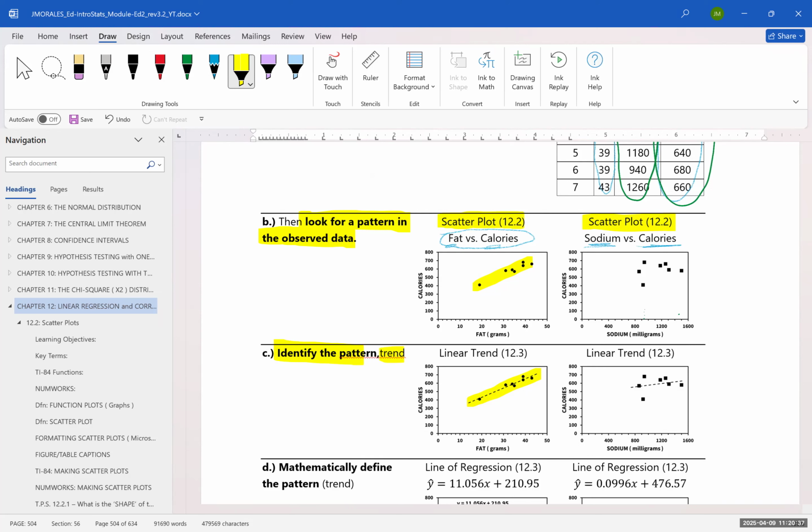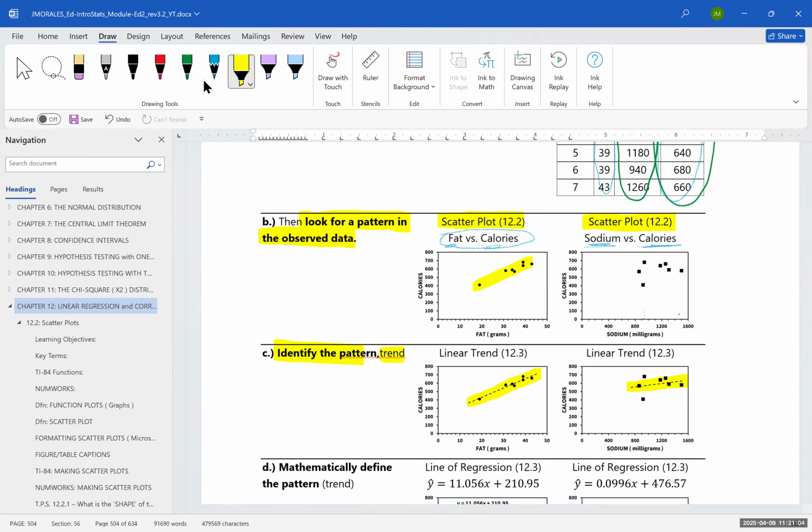The scatter plot for sodium versus calories also looks like it could have a linear trend, but maybe going not so much up and to the right, but mostly just to the right. We're trying to find a linear trend, or a line that we could draw through the points, and we're looking for how that line is traveling.